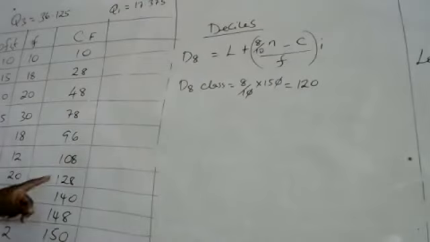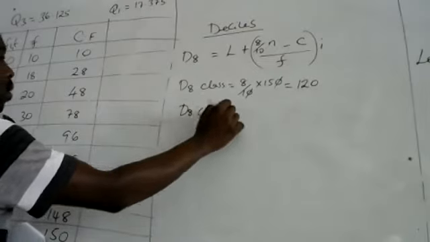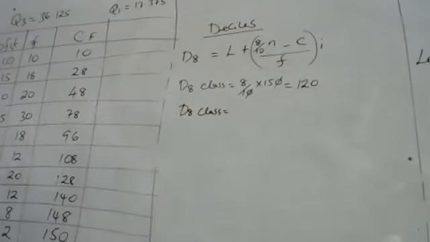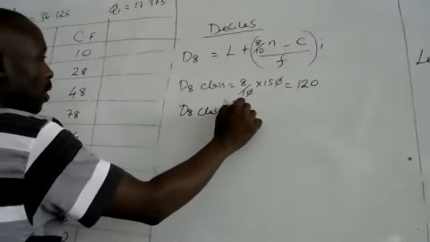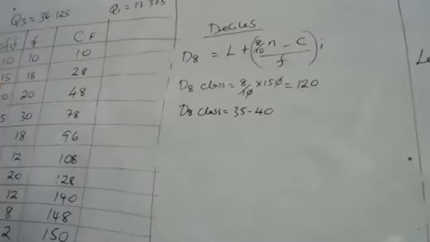So if that is the case, then the D8 class will be equal to where we have 35 to 40. The class of 35 to 40.